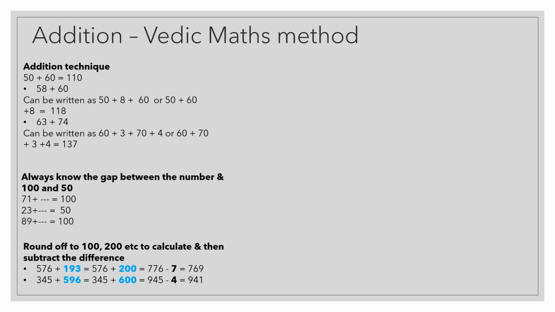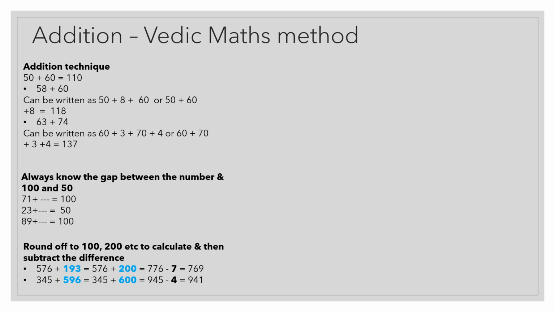Using this method, let's do some calculations. Take an example of 576 plus 193. We know 193 is very near to 200. So let's rewrite this whole problem. Instead of 576 plus 193, we'll write 576 plus 200. That becomes 776.